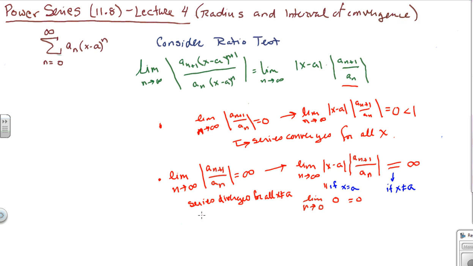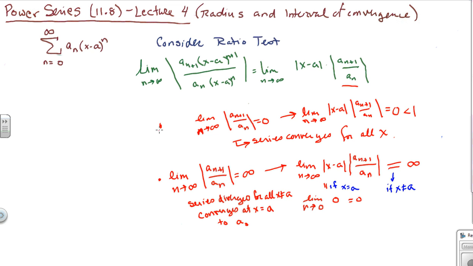It converges for x equals a. In fact, what does it converge to? It converges to a sub 0, right? Because all of the other terms zero out. So it converges, and not only that, we know what it converges to.